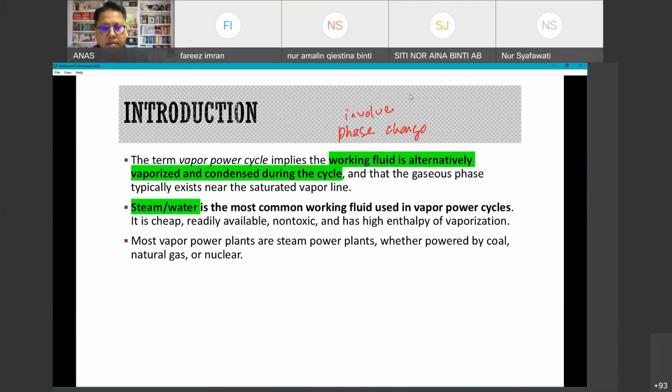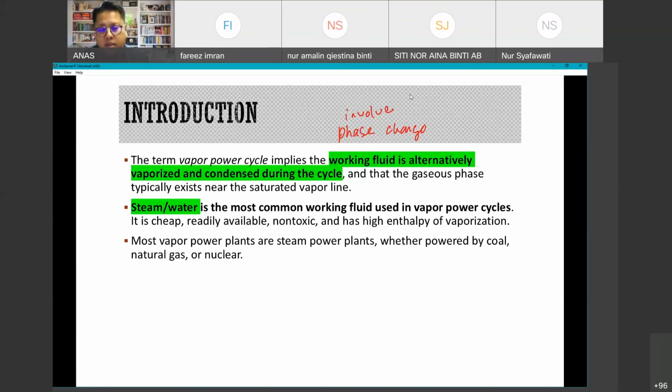We will be using the TS diagram, and if you remember back in Term 1, the saturated vapor line, the liquid line, the mixture region, we will be using that a lot to analyze the cycle. A second point: steam or water is the most common working fluid used in vapor power cycles. It is cheap, easily available, non-toxic, and has a high enthalpy of vaporization. About this point, we will discuss a bit more detail at the end.